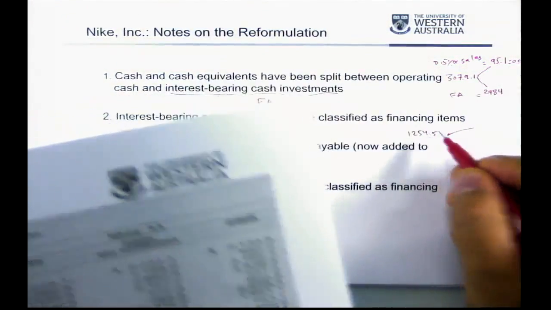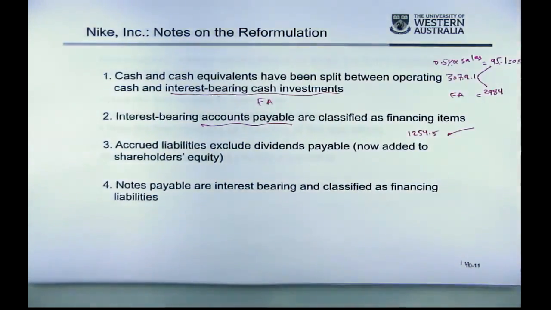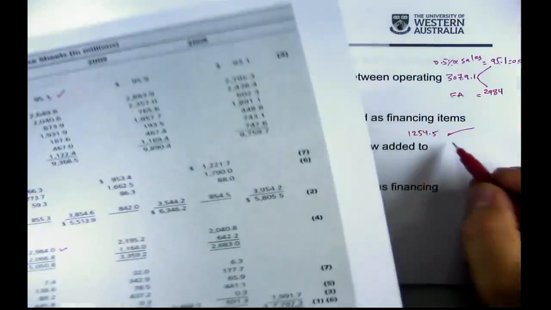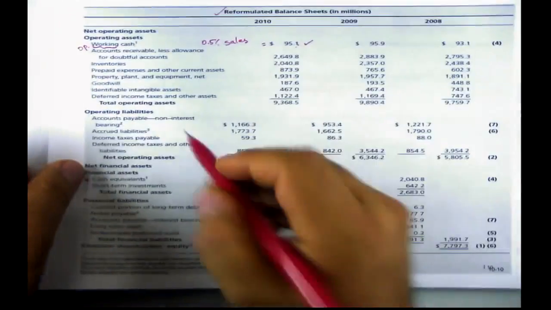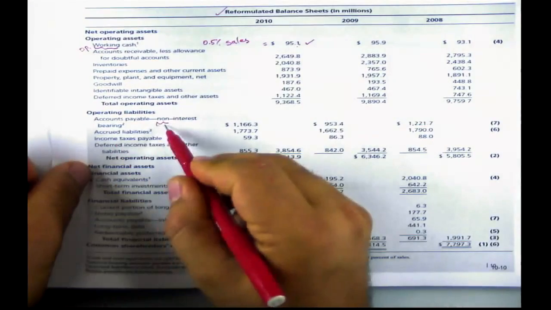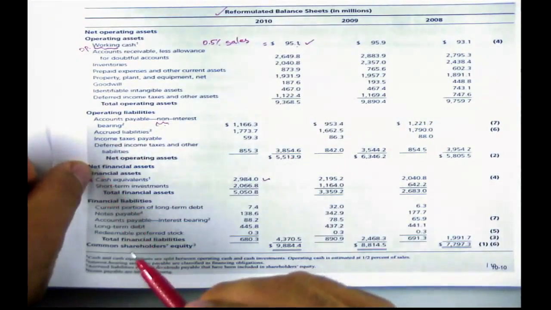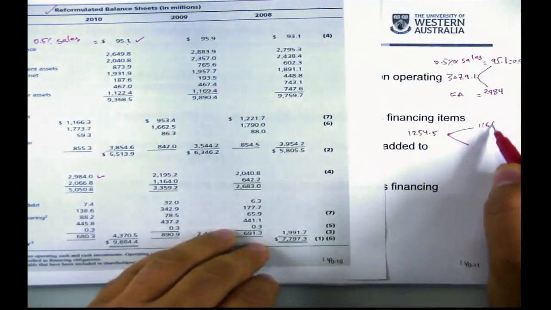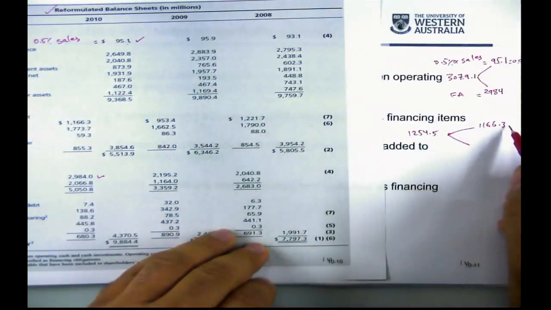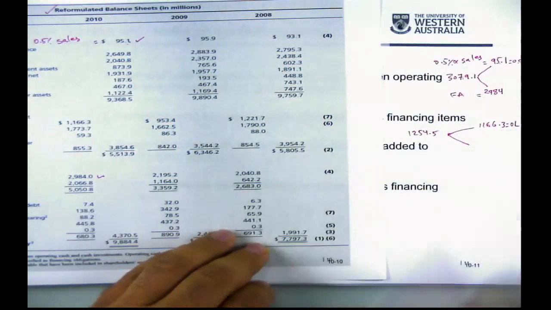So we split it into two parts. The first part is the non-interest-bearing accounts payable. Make sense? So it is 1166.3, and this one is treated as an operating liability.